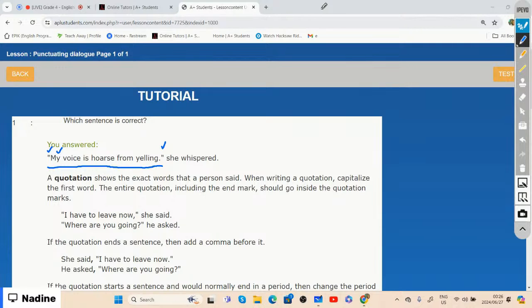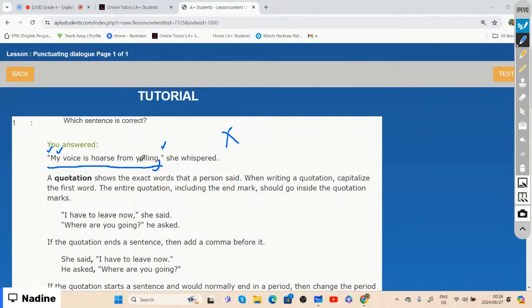All right. So if we were to correct that, remember we said that if our sentence ends with a period, then we need to change it to a comma. So this sentence is incorrect because we need to change that period to a comma.